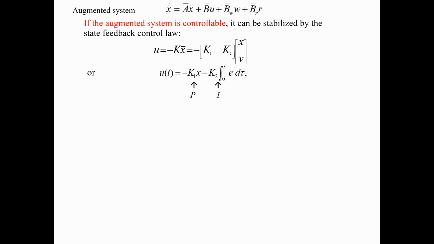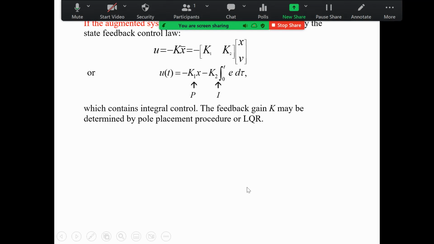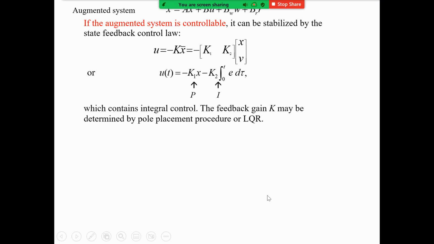Then you can figure out a way to make it controllable by changing the way you construct the augmented system. Once you have a controllable augmented system, the rest you just follow the design for pole placement or LQR, because you have a new system with this new A, B, C. Just do it using the way you have learned.